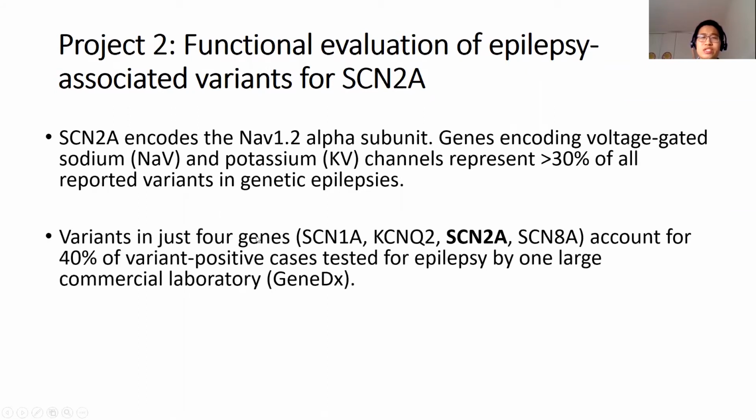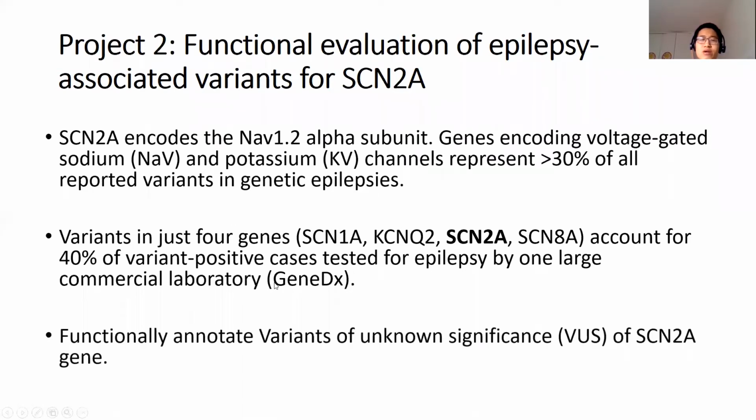And variants in just 4 genes, including SCN2A, account for 40% of variant positive cases tested for epilepsy. So based on all this evidence, the goal for this project is to functionally annotate variants of unknown significance for the SCN2A gene.